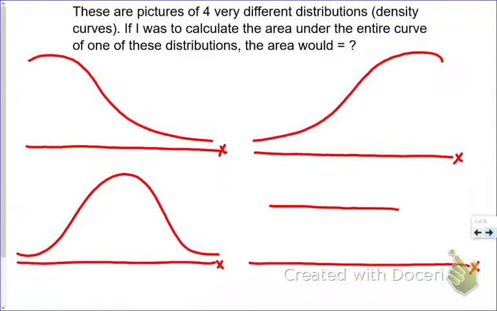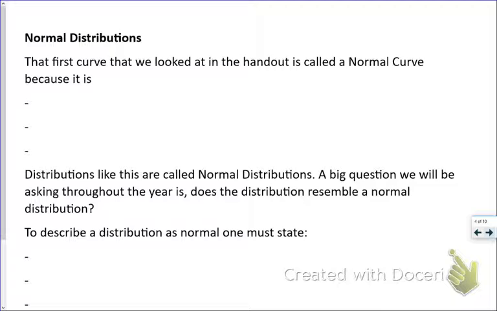All right, pressing on. If something's normal, as we already said at the beginning of this video, we know that it is symmetric. We know it has a single peak.